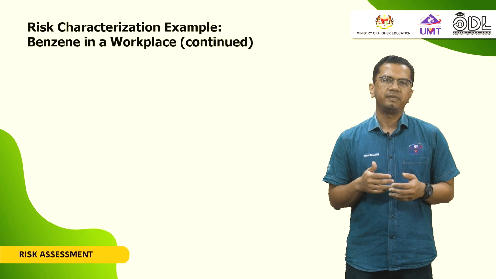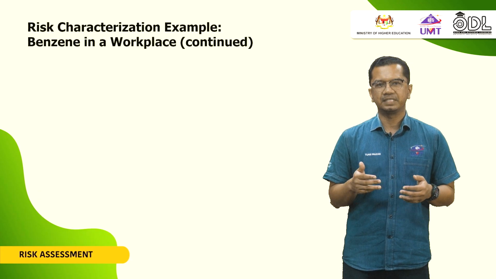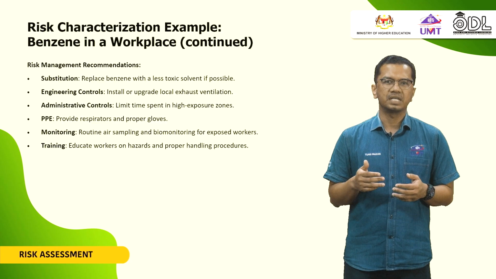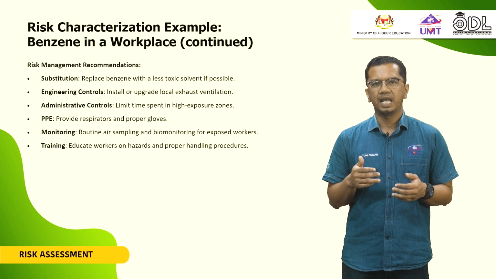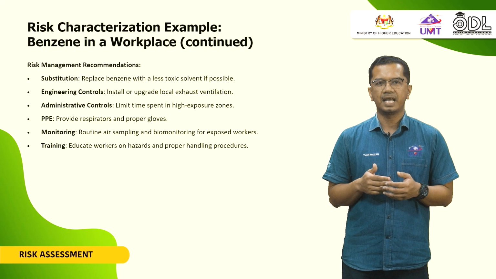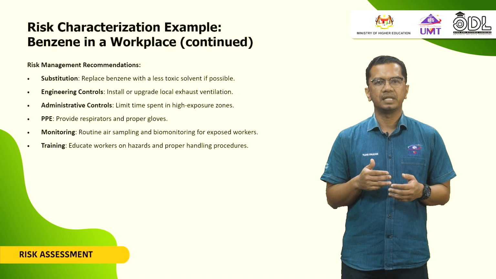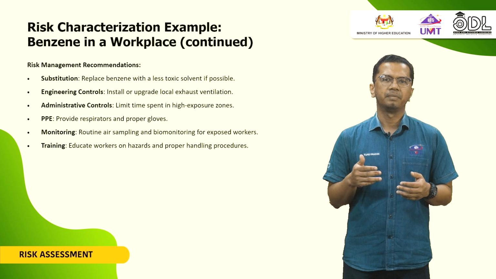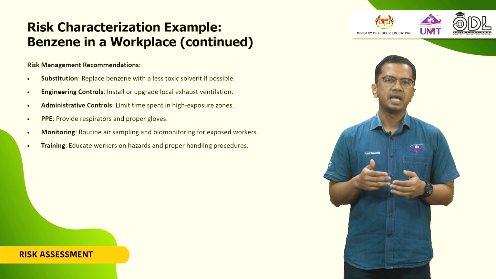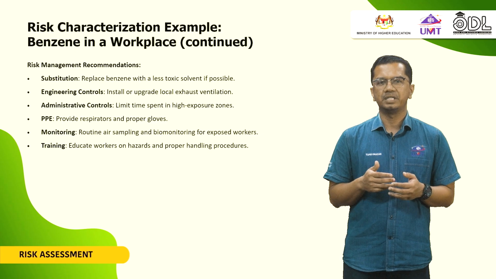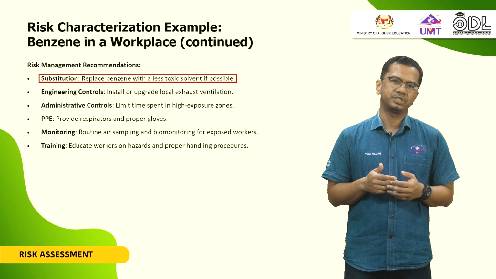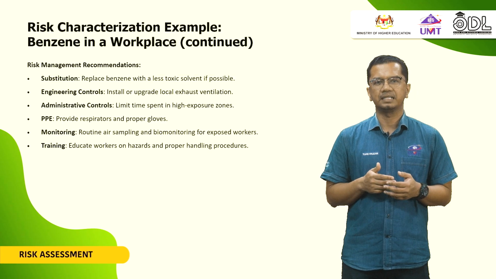Now that we have quantified the significant risk, what can be done? Risk management follows a hierarchy of controls, aiming for the most effective solution first, like eliminating the hazard, before relying on less reliable methods like personal protective equipment. Based on this hierarchy, here are specific recommendations. First, investigate if benzene can be substituted with a safer alternative.